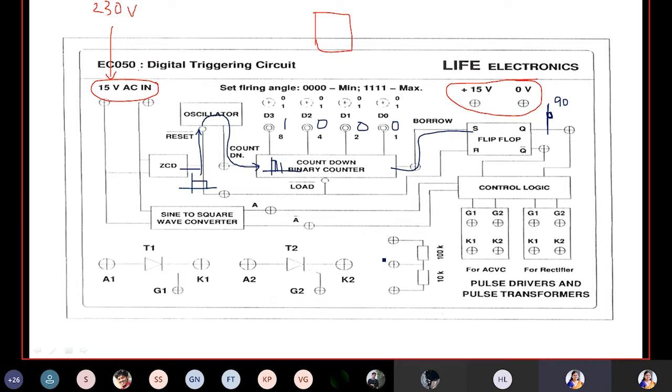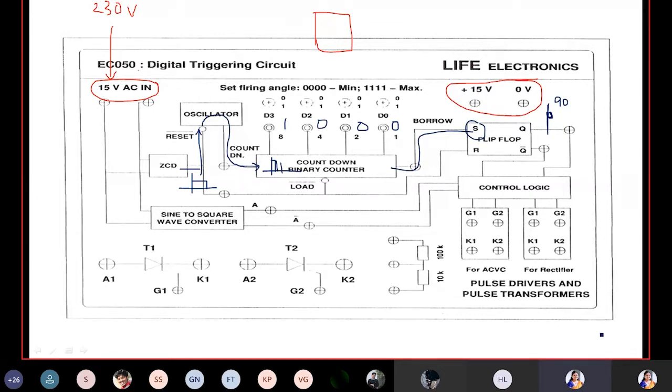Now at 0 degree, what will be the value at S? I have given a delay of 90 degree, and I am checking the value at S at 0 degree.